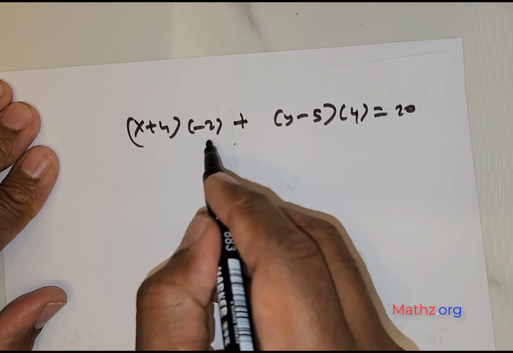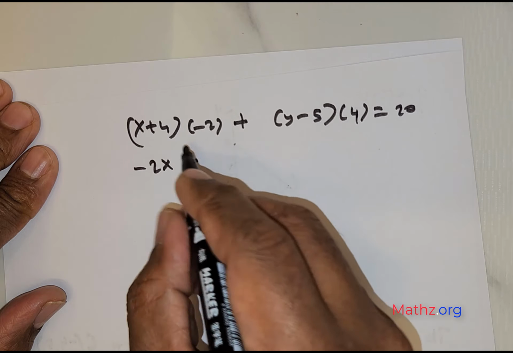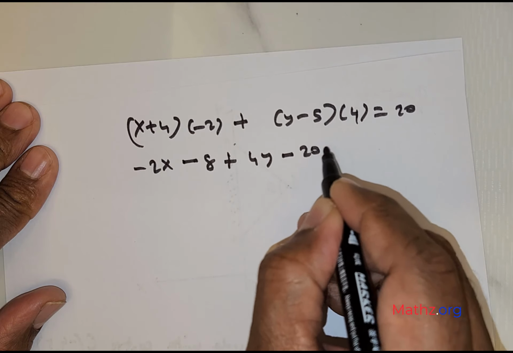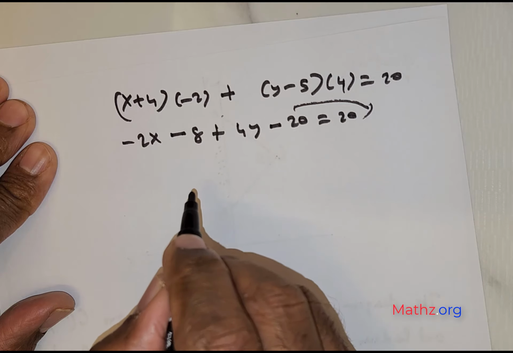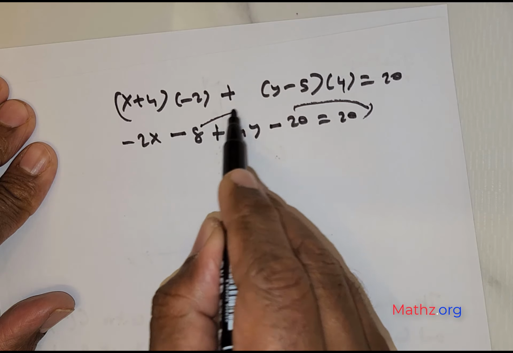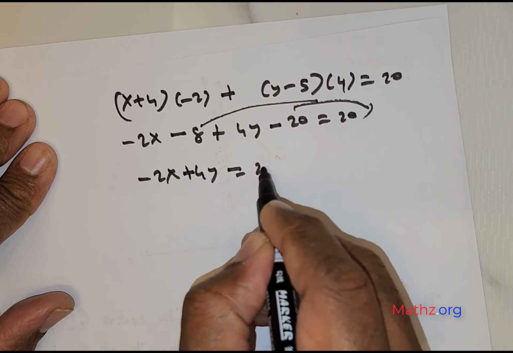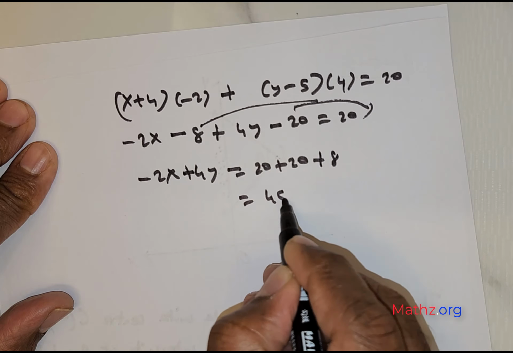Now since it's a straight line, let's distribute. It's going to be -2x - 8 + 4y - 20 = 20. I move this to the other side, and I also move this to the other side. So you have -2x + 4y = 20 + 20 + 8, which gives us 48.